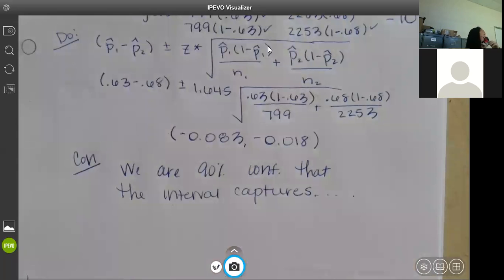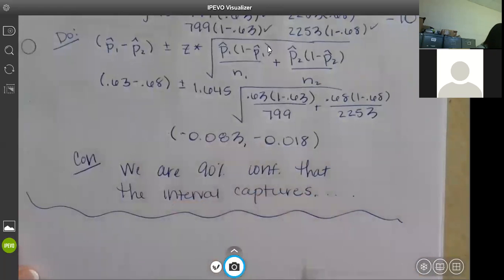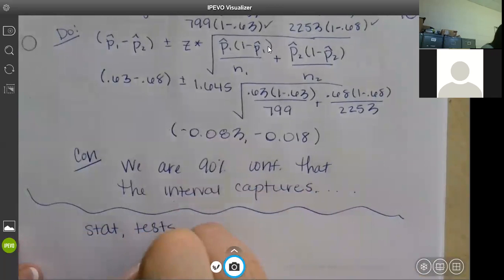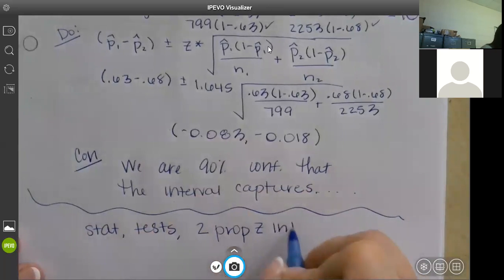All right. The last thing I'm going to do is show you how to do it on your calculator. On the calculator, you're going to go to stat, then test, and it's going to be a 2 prop Z interval because it's 2 proportions.